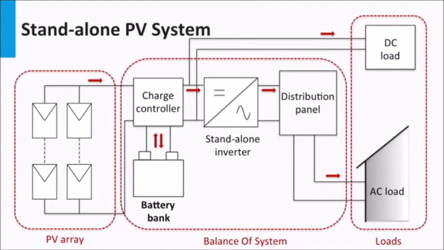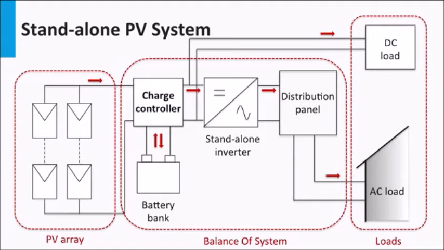The battery bank is the lifeline of the standalone PV system, as it greatly increases the usability of the PV system. Without the battery, the system would be unable to meet the load demands outside the available daylight. As discussed last week, the charge controller is single-handedly responsible for assuring the smooth functioning of the battery.